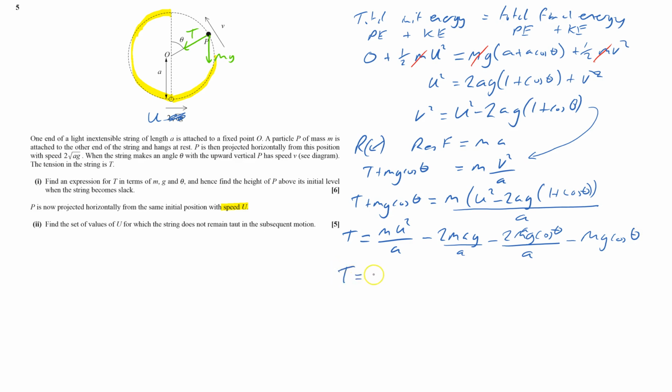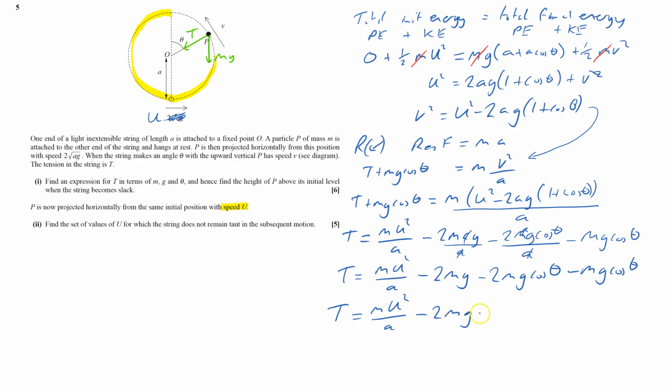And that says that T equals mu squared over a, minus 2mg, as the a's cancel out there, minus 2mg cos theta, and minus another mg cos theta. And so we get T equals mu squared over a minus 2mg minus 3mg cos theta.